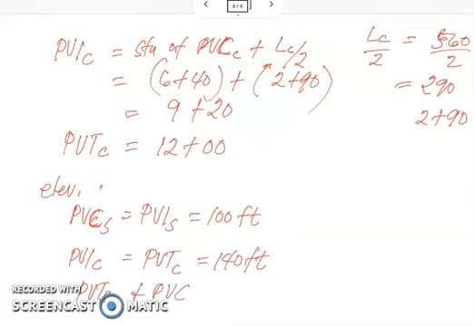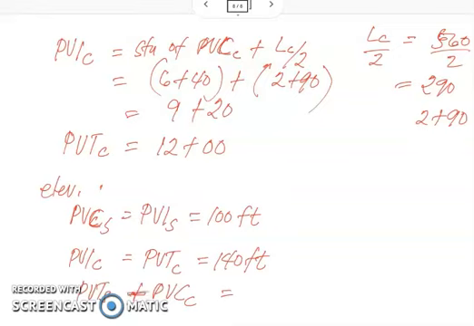So therefore, the elevation for PVT for the sag vertical curve and PVC for the crest vertical curve can be computed as follows.